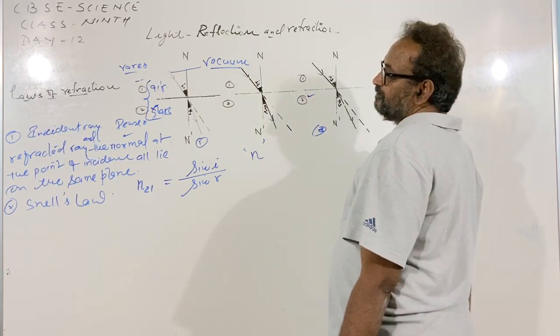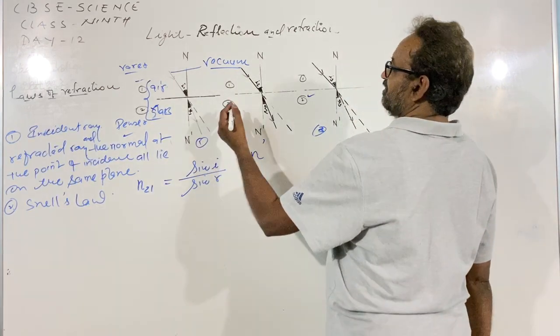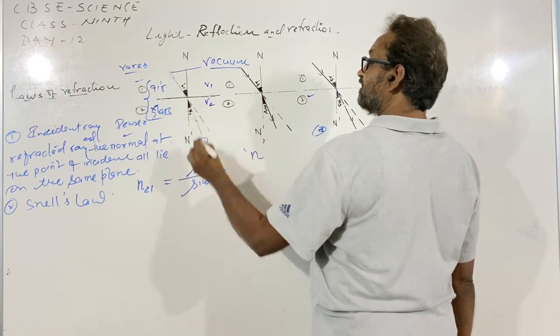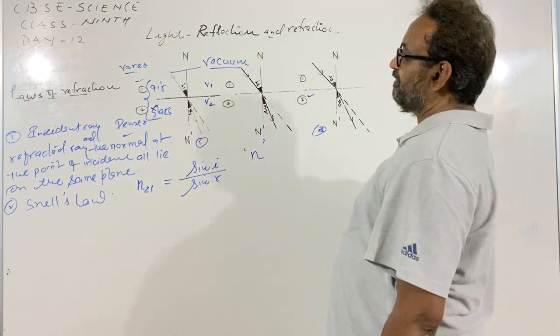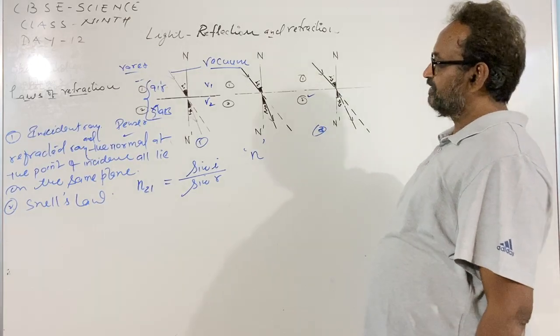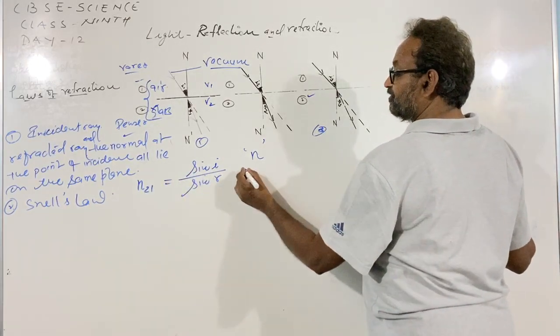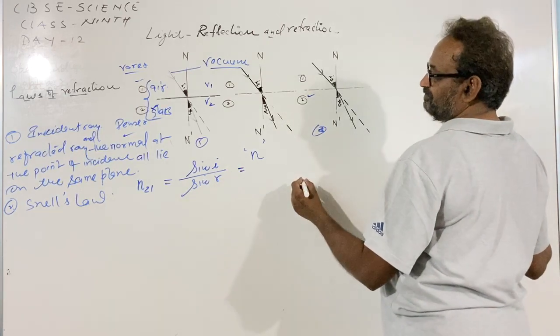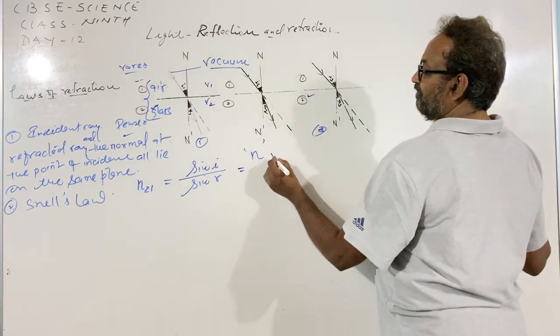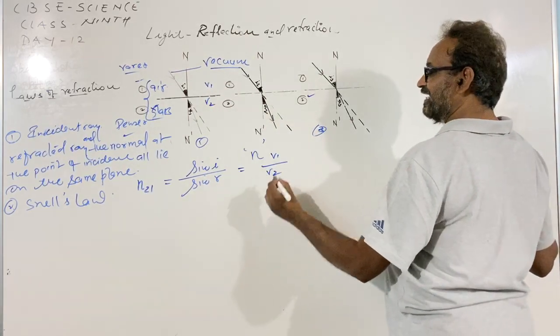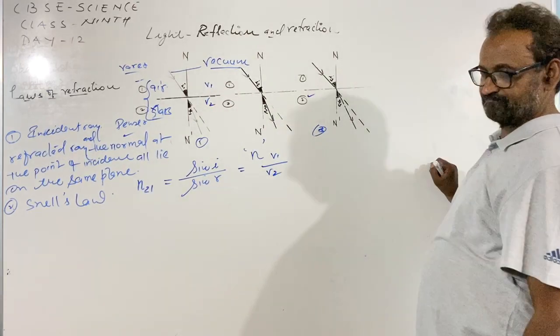Now consider that the velocity of the light in the first medium be v1 and the velocity of the light in the second medium be v2. Then the refractive index of the second medium with respect to first medium is also equal to the ratio of velocity of the light in the first medium to the velocity of the light in the second medium.